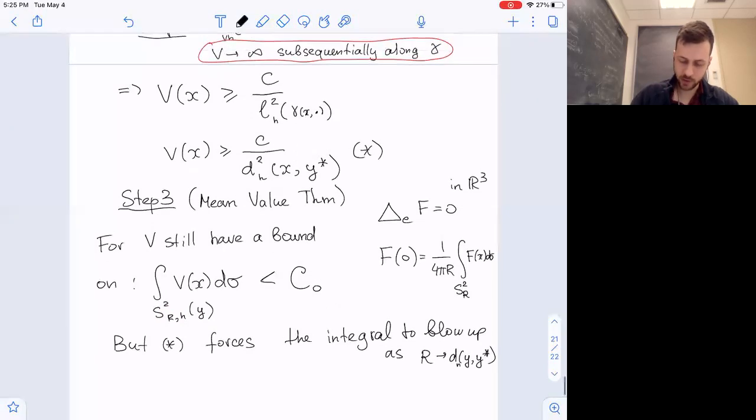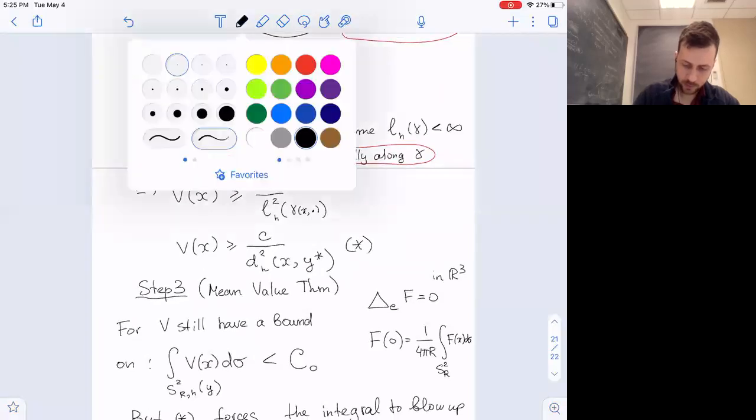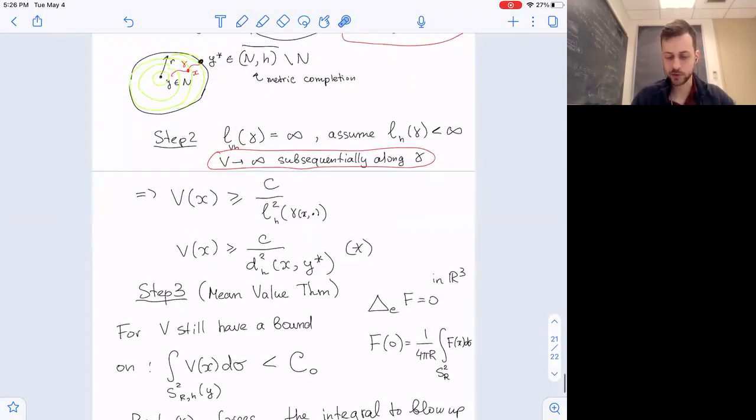So maybe let me scroll up a bit in this picture. You can consider spheres around y, which are larger and larger, of some fixed radius r with respect to metric h. And when the sphere gets really close to this point y star, the fact that v blows up near this point forces the average integral over the sphere to also blow up.